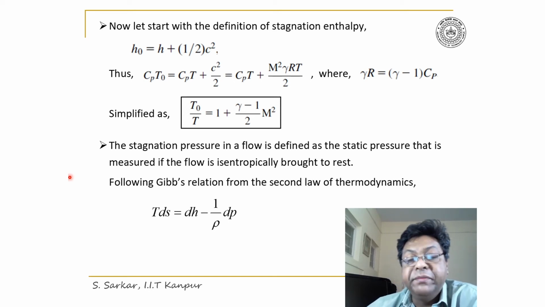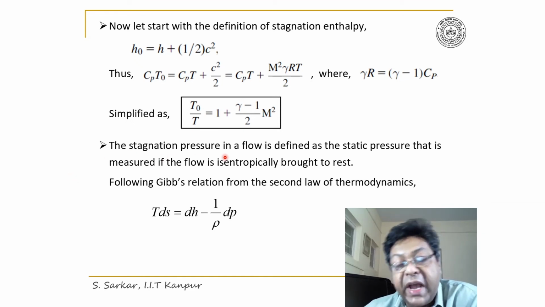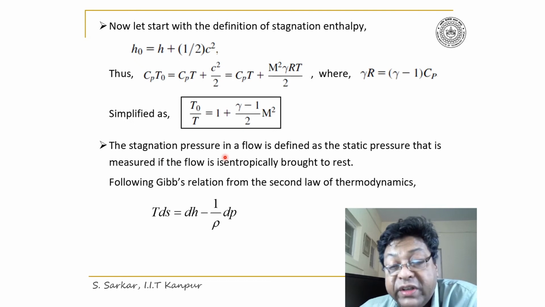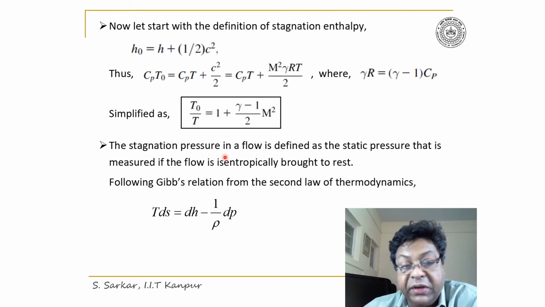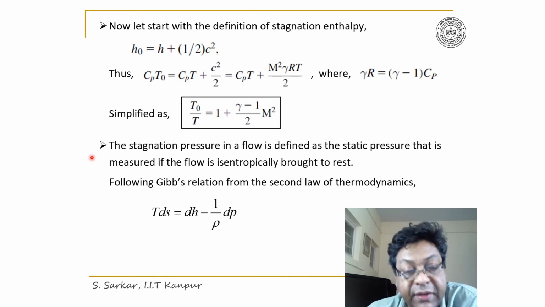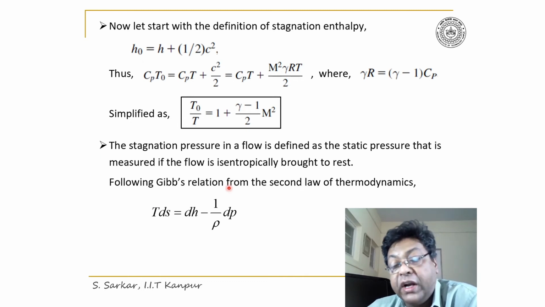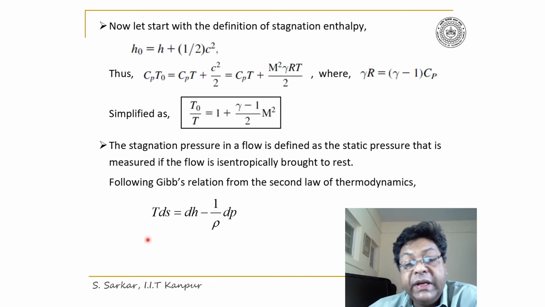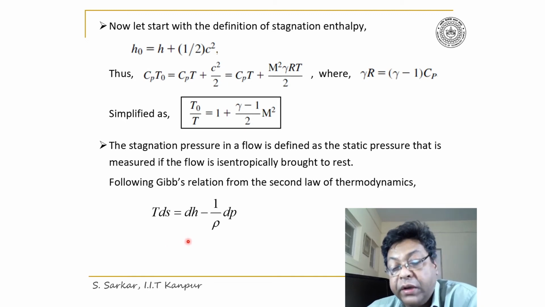To do that, let me first define what is called stagnation pressure. Stagnation pressure in a flow is defined as the static pressure that is measured if the flow is isentropically brought to rest. Now using the Gibbs equation from the second law of thermodynamics, T into ds is equal to dh minus 1 by rho into dP.